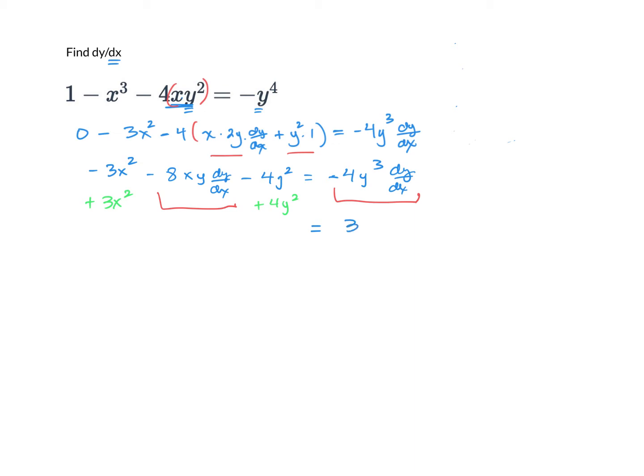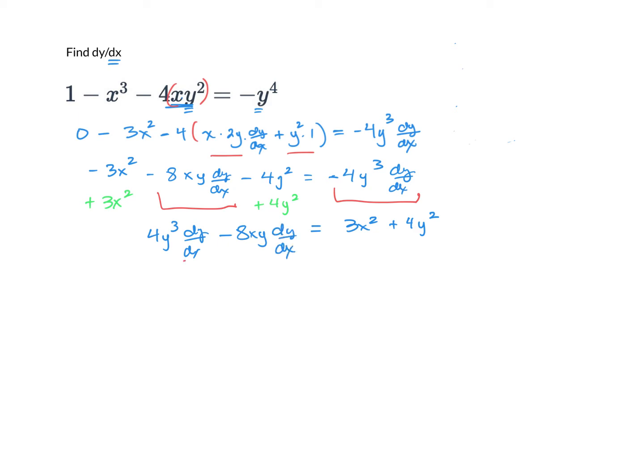So they give me 3x squared plus 4y squared. And then I'm going to move the other terms over here. I'm going to add 4y cubed dy over dx, and this term 8xy was already over here.